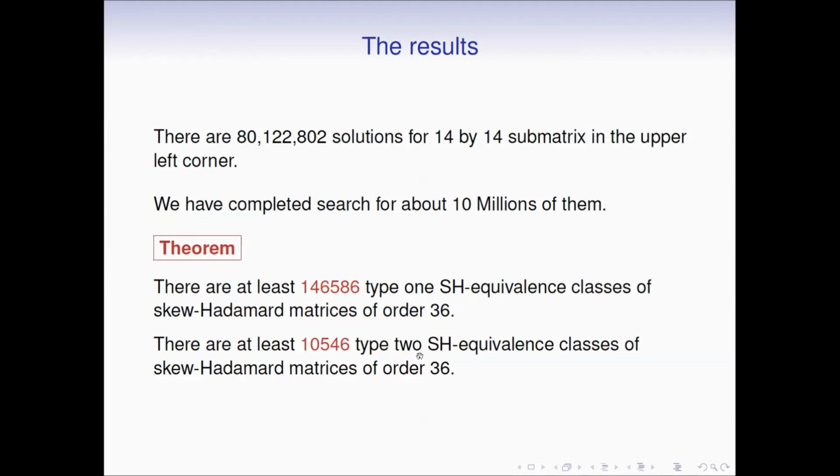It is quite possible that this is the complete list, and we may have no more Skew-Hadamard matrix of order 36, which means that there is no Skew-Hadamard matrix of type 3. They are just of type 1 and type 2.